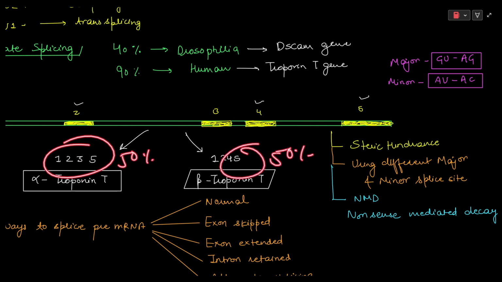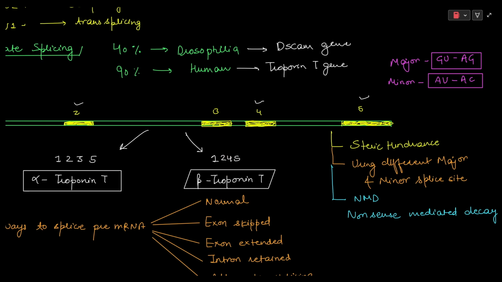But nonsense mediated decay means that the undesirable product, imagine that the cell only needs this one, so this mRNA will be targeted for degradation. So it doesn't force the cell to pick this or this. What it does is allow both of them to be formed in their proportions, for example here 50%, 50%, and then it will degrade the incorrect splicing product.